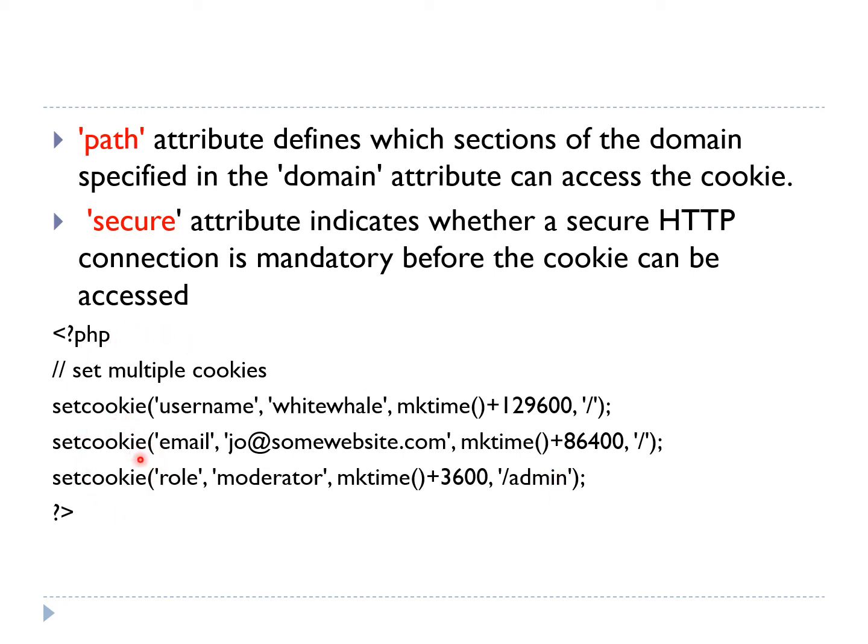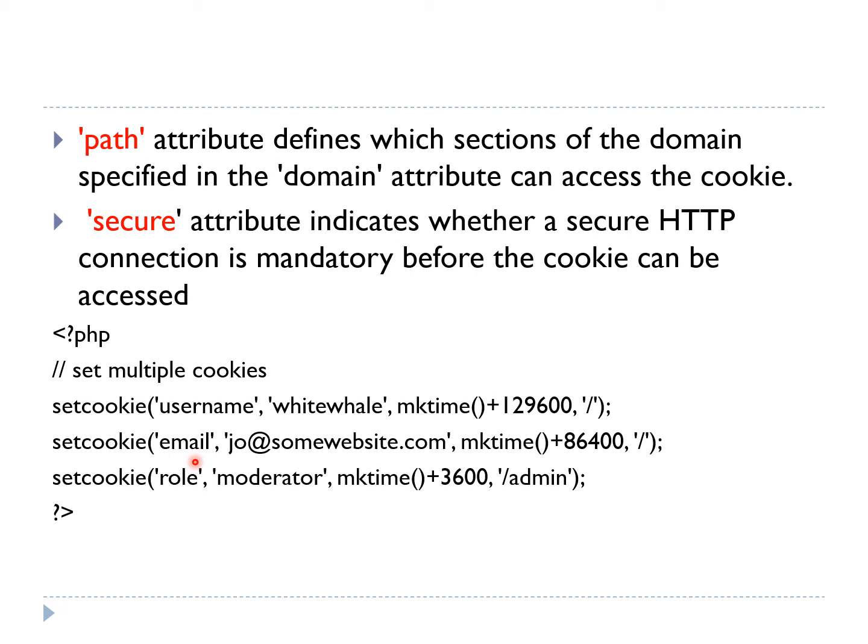So three cookies are associated with the corresponding web page or URL. The first cookie name is username, which contains the data whitewhale. The second cookie variable is email, which contains the data joe@somewebsite.com. The third variable is role, and its data is moderator.